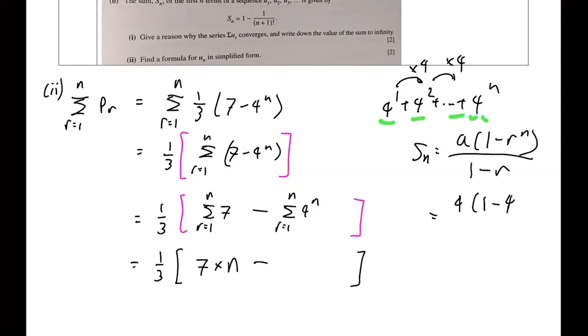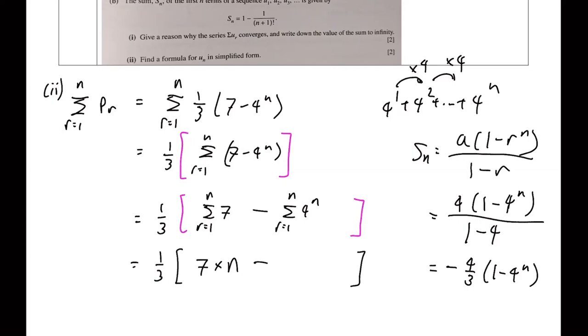There's 1, 2, 3, 4 all the way to n. Or in other words, you take upper minus lower plus 1. Upper limit is n. Lower limit is 1. Upper minus lower plus 1. So that's just n. Power n, the number of terms. Divide by 1 minus the common ratio 4. Simplify, what do you get? 4 divided by negative 3, negative 4/3, multiplied by 1 minus 4 power n.